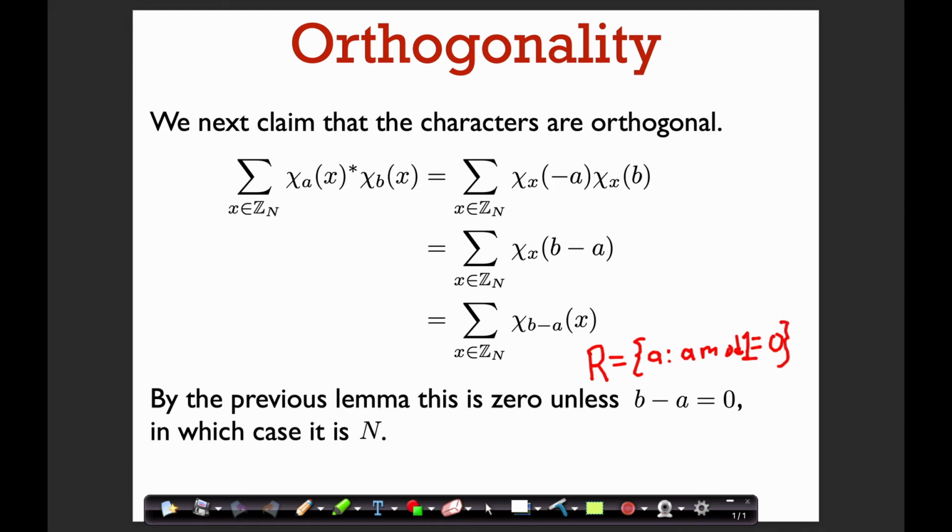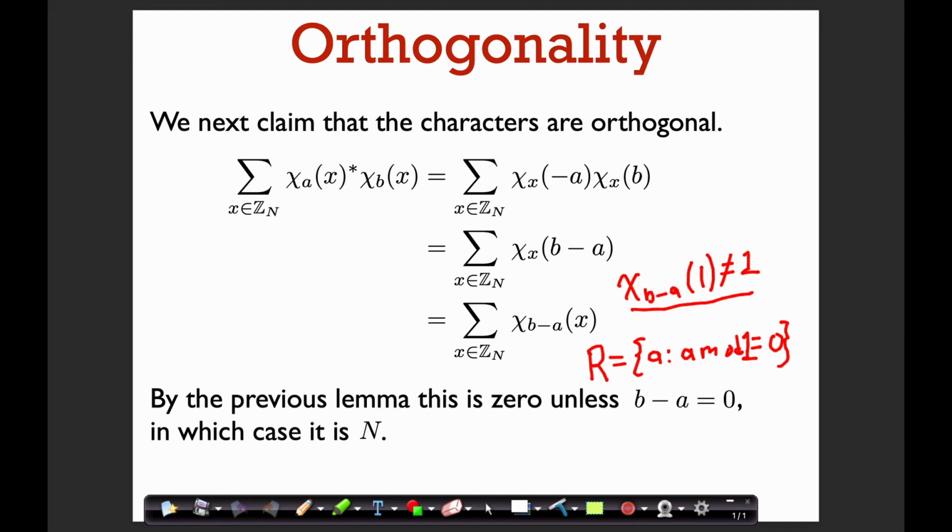Okay, so we can apply the previous lemma as long as chi of b minus a of 1, because we're looking mod 1 here, is not equal to 1.